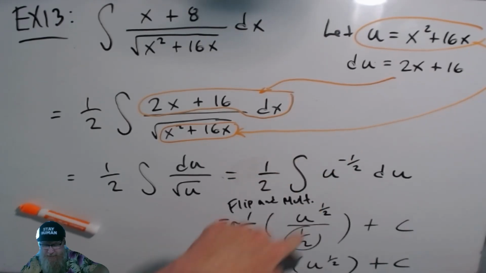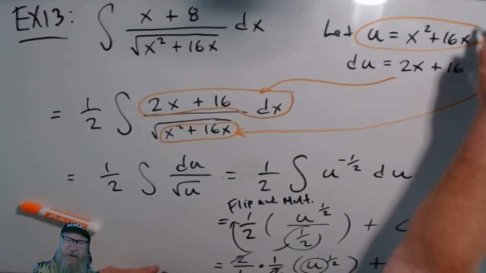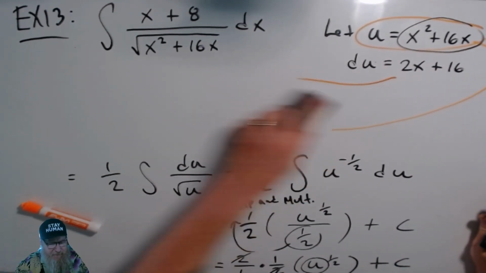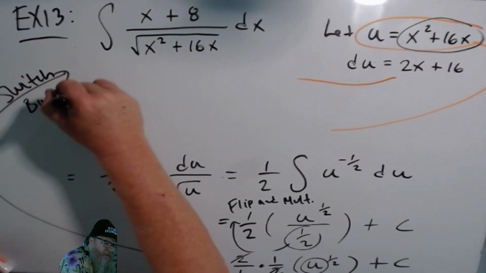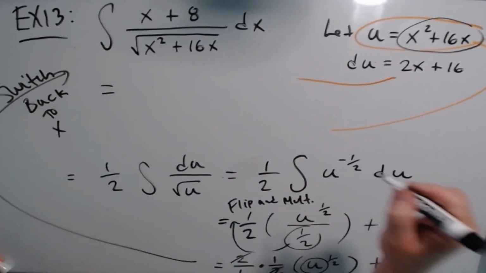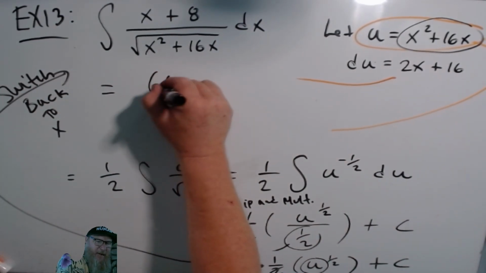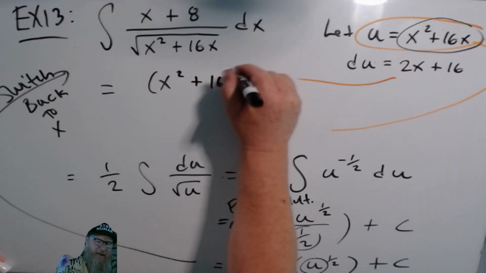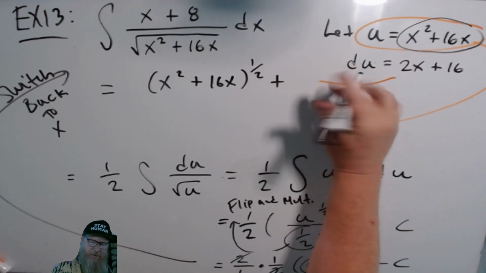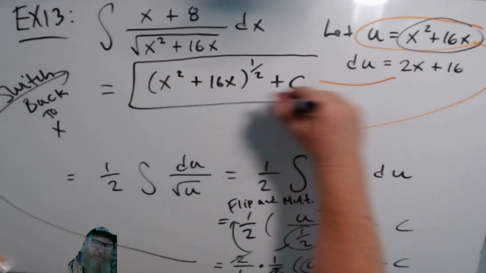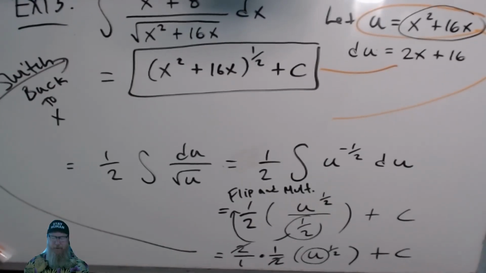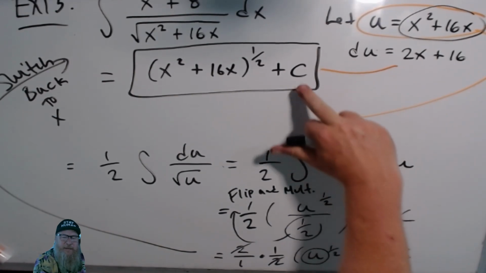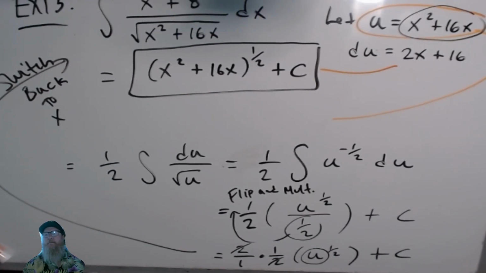And then we're going to put the u back in. Here's my u. And so my final answer after the switchback is x squared plus 16x to the 1/2 power plus c. No coefficient out in the front because it's canceled, but we still have the constant at the end, plus c.